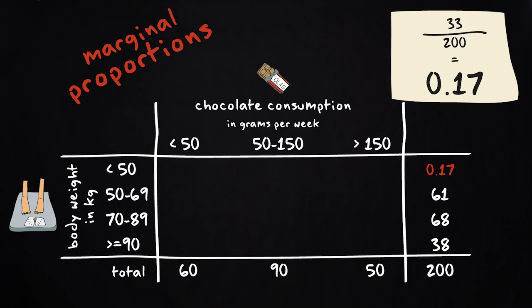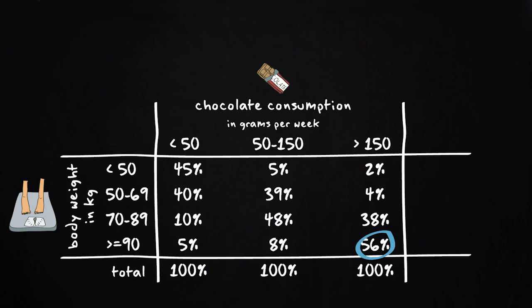So what does this mean? Of those who eat more than 150 grams of chocolate per week, 56% weighs 90 kilograms or more. Of those who eat less than 50 grams of chocolate, only 5% weighs 90 kilograms or more. Also, of those who eat less than 50 grams of chocolate, 45% weighs less than 50 kilograms, while of those who eat more than 150 grams of chocolate, only 2% weighs less than 50 kilograms.